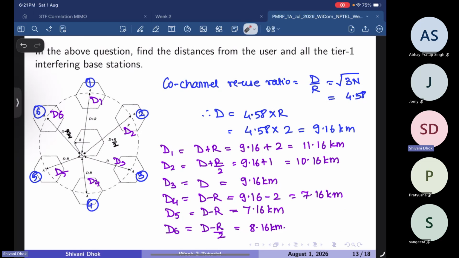But we know the relation between d, r and one more quantity, the co-channel reuse ratio, which we had already found out in the previous question, which was under root 3n, which turned out to be 4.58. So based on that, we can calculate the value of d. We already know the value of r, and based on that, we were able to calculate all these 6 instances. Any questions?